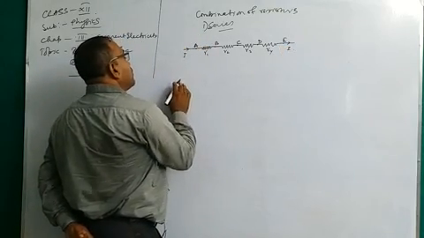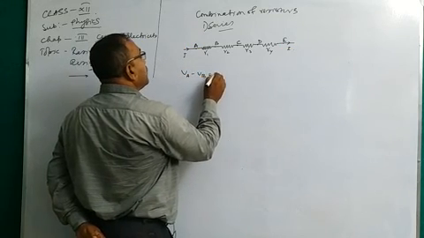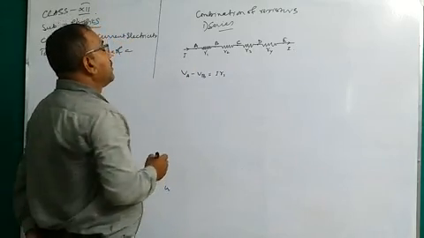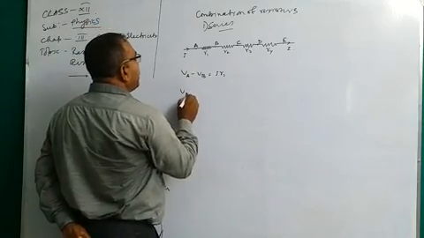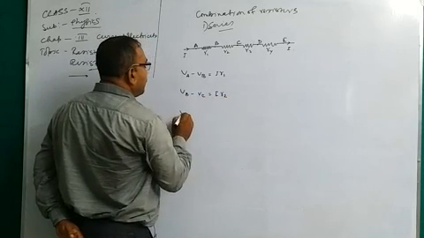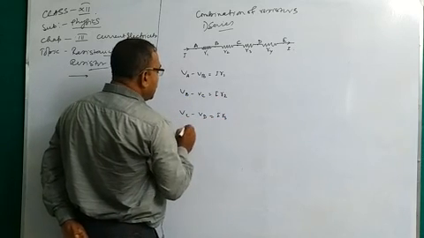So according to Ohm's law, VA minus VB equal to I into R1. Okay? VB minus VC, in a similar way, equals I into R2. VC minus VD equal to I into R3.